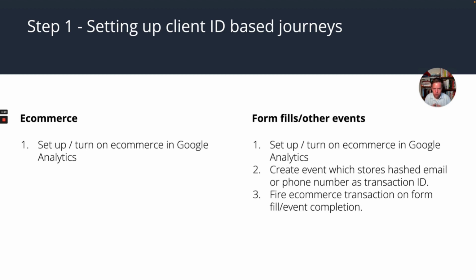And then on completion of the event, most likely a button click if it's a form fill, you fire an e-commerce transaction, and that transaction contains the hashed value of the email address or phone number or whatever identifier you decide to use.